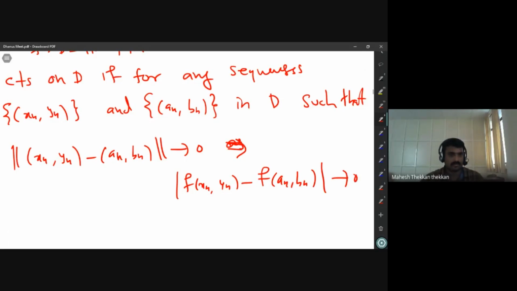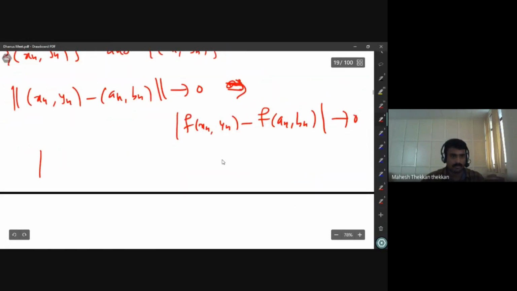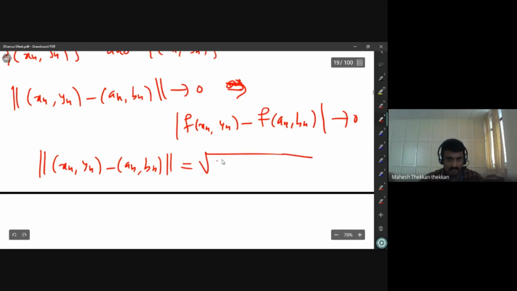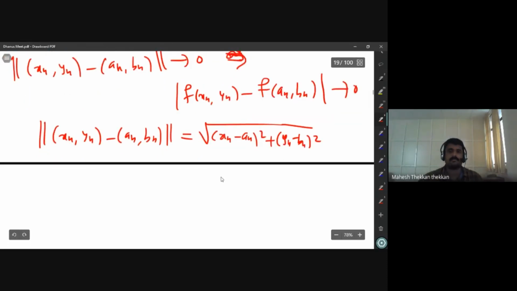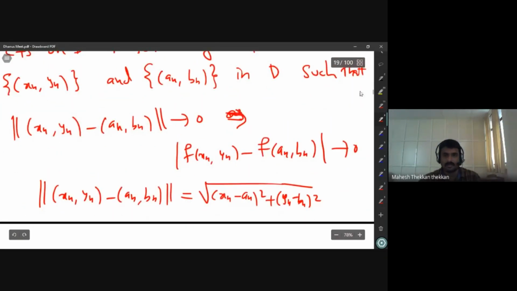Here the norm is nothing but the Euclidean distance. Norm of (xn, yn) minus (an, bn) is the square root of (xn minus an) squared plus (yn minus bn) squared. So whenever this value goes to 0, the other has to go to 0.